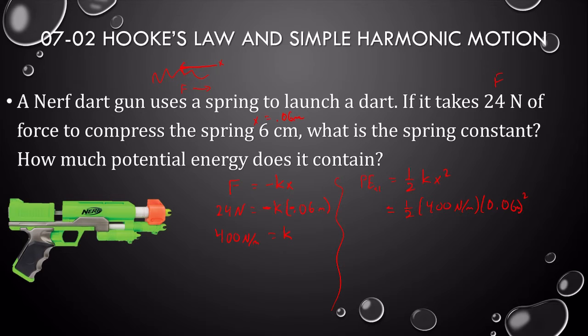You can put the negative if you want, but once it's squared, it'll become positive. When you multiply all that together, you get 0.72, and it'll be newton times meter, which is a joule.